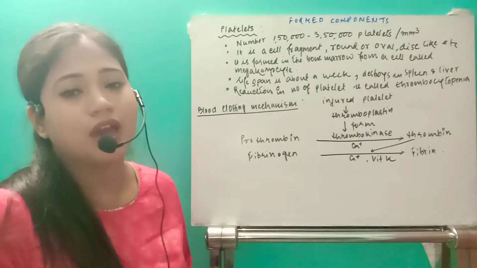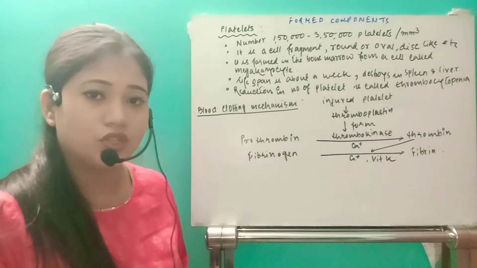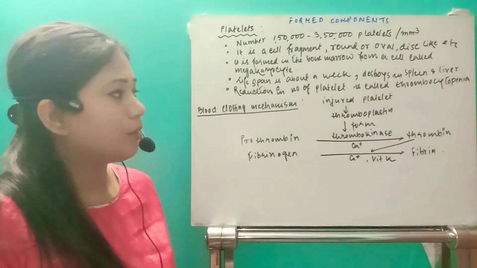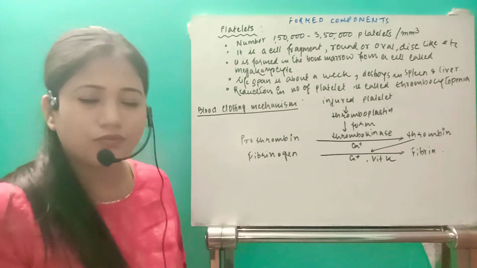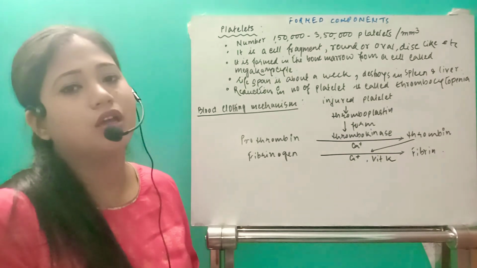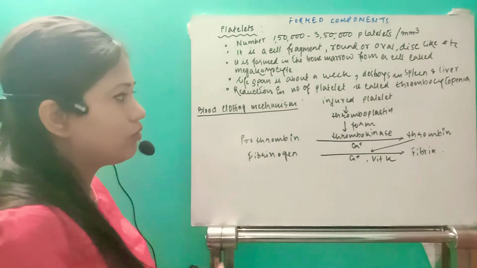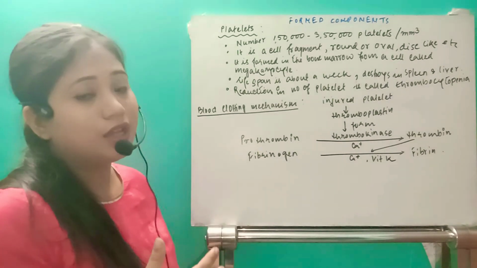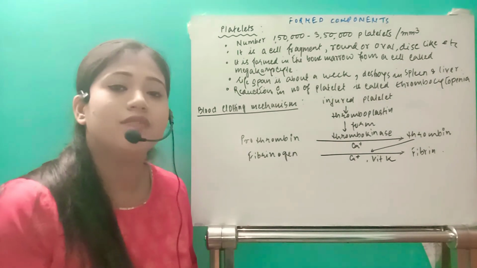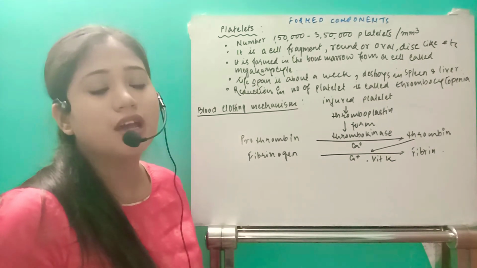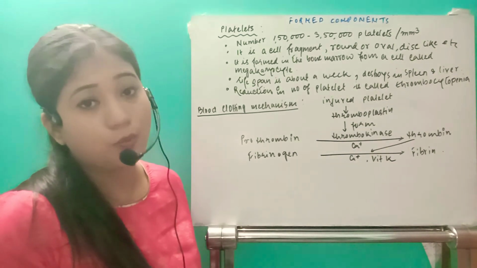Another chapter we have is body fluid and circulation. In that chapter we are going to see in detail the blood coagulation mechanism, but I need to tell you a little about it in a concise way. Whenever the blood vessels are cut, the platelets get injured and release a chemical known as thromboplastin.